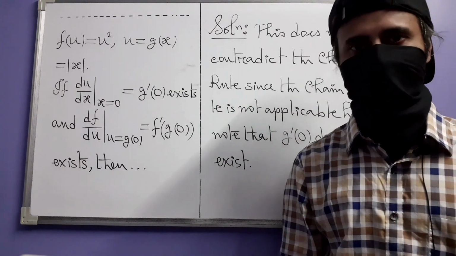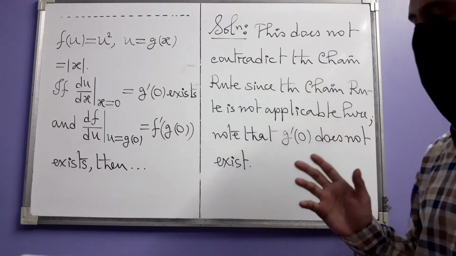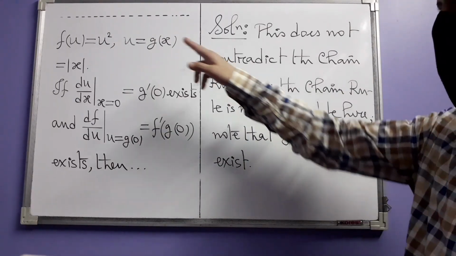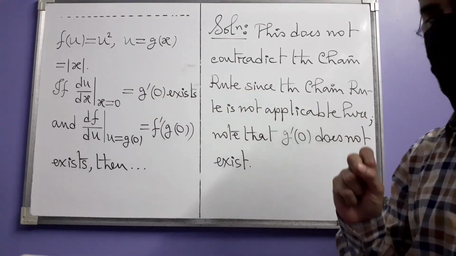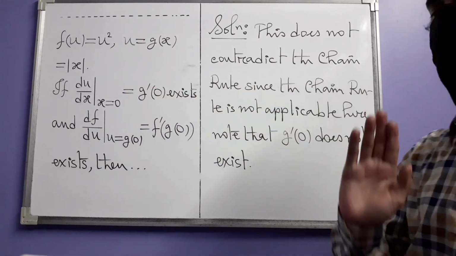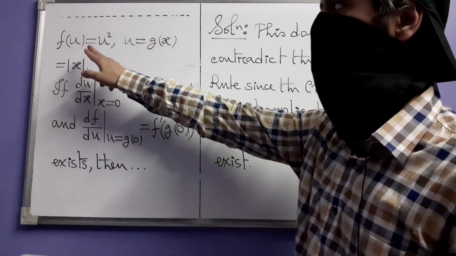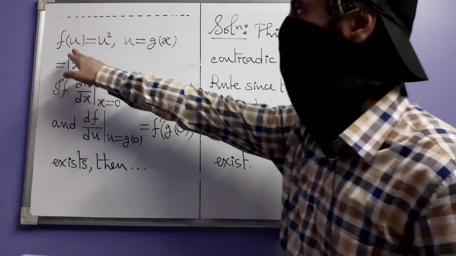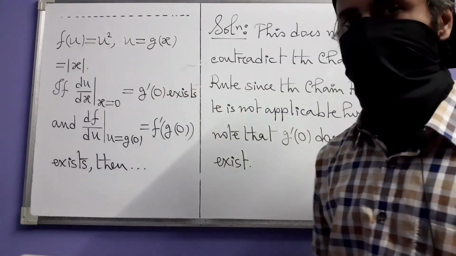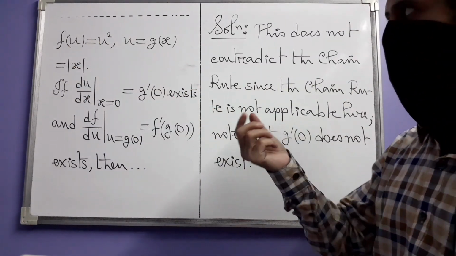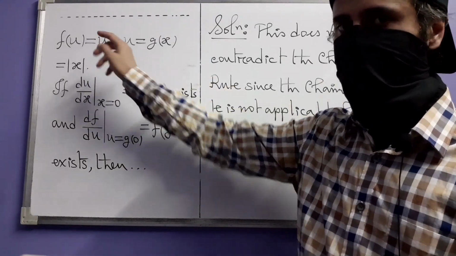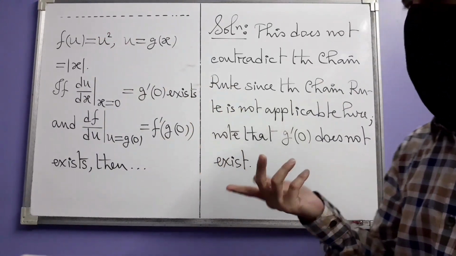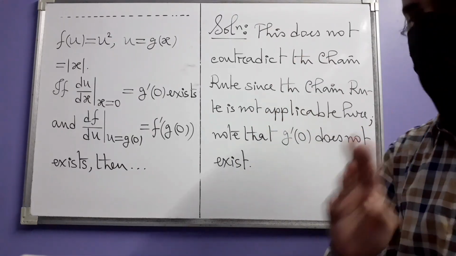In order to understand what goes wrong if we try to apply the chain rule, we again consider the functions f and g. But because we are talking about the chain rule, we write f slightly differently. Instead of f of x equal to x squared, we write f of u equal to u squared. Same thing, whether you name the independent variable x or u, it does not ultimately change anything. It remains the square function.